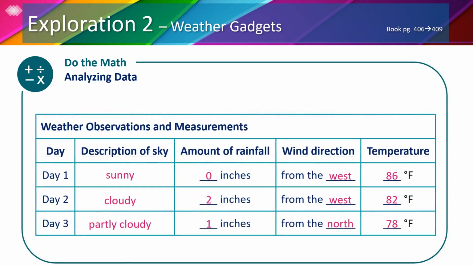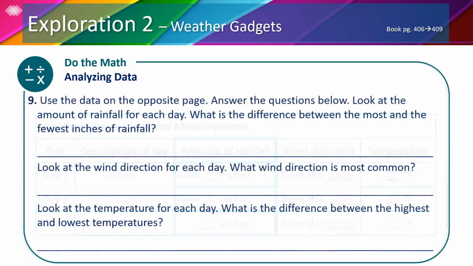So if we look at the table here, in the column amount of rainfall, we have 0, 2, and 1. We need the most and the fewest amounts, which are 2 inches as the most and 0 inches as the fewest. So, since we said we need to subtract, in our books we write 2 minus 0 equals 2 inches.